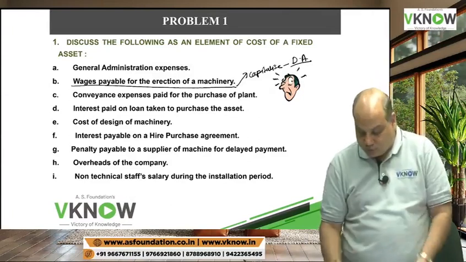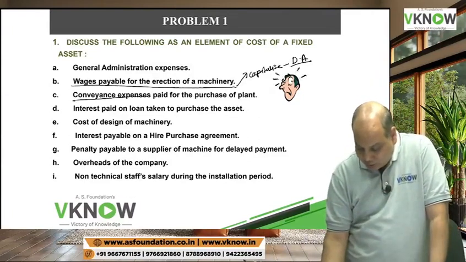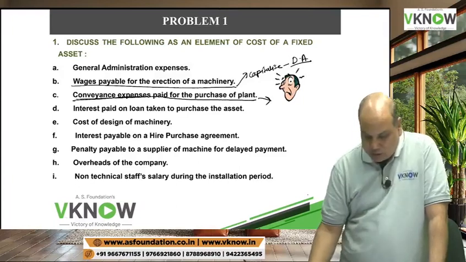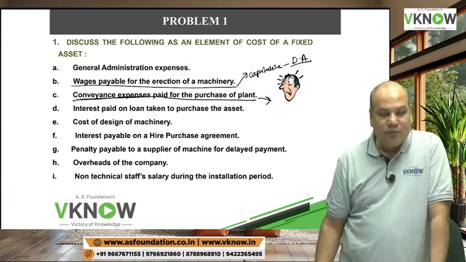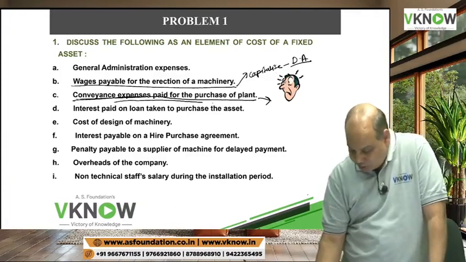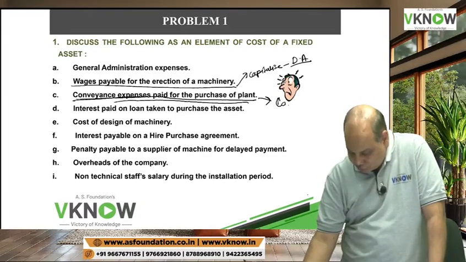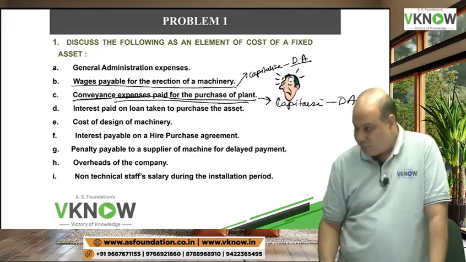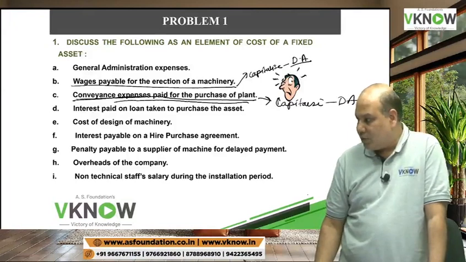Ganesh ji, namaste. Conveyance expense paid for the purchase of plant. Is it directly attributable? Yes. So you will say capitalize because it is directly attributable. Very good.